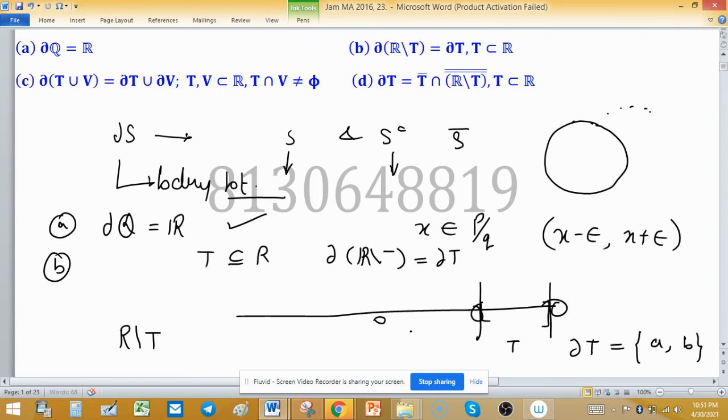So it is also these 2 points. It means statement B is true, means A and B are true statements and we are seeking only the false statement.